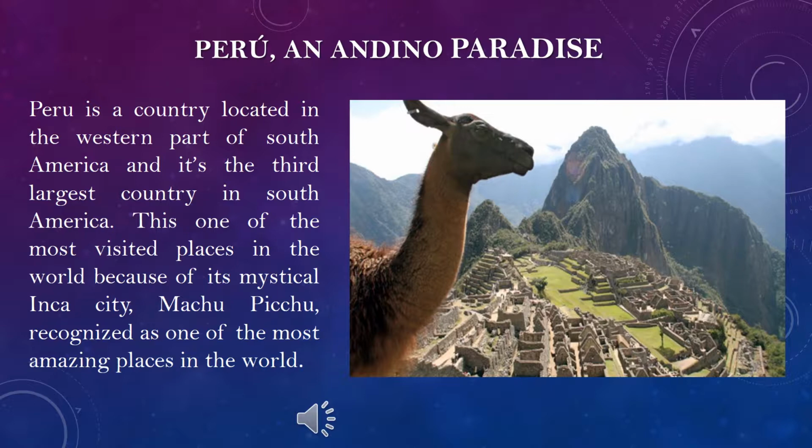Peru is known as an Andean paradise, and it is the third largest country in South America. This is one of the most visited places in the world because of its mystical Inca city, Machu Picchu, recognized as one of the most amazing places in the world.